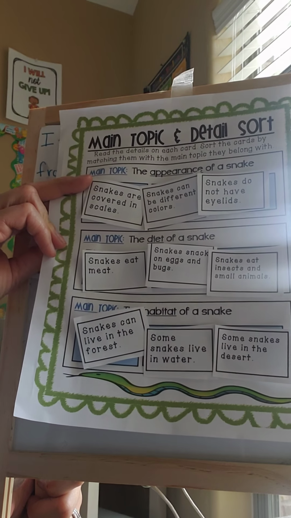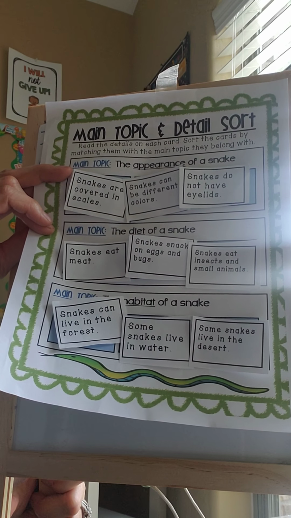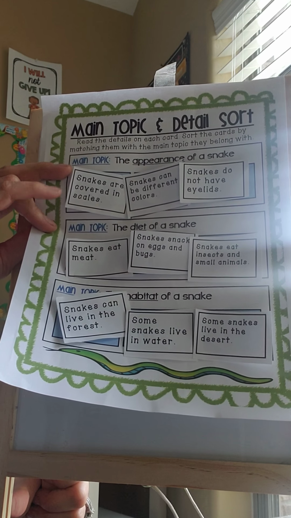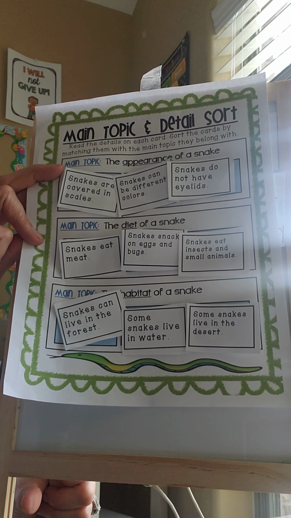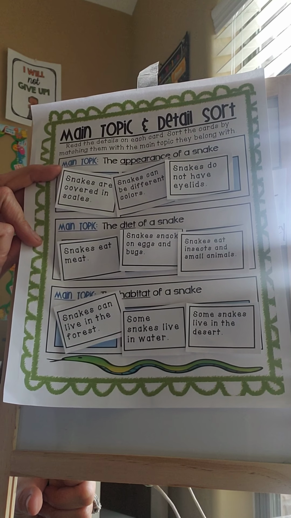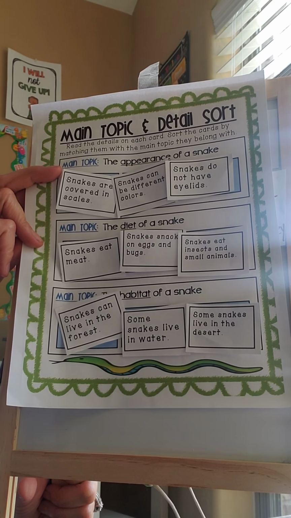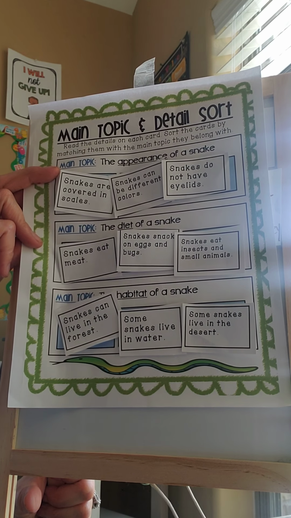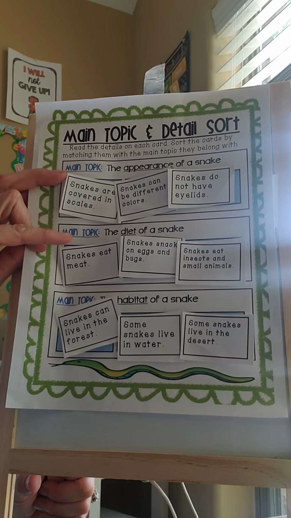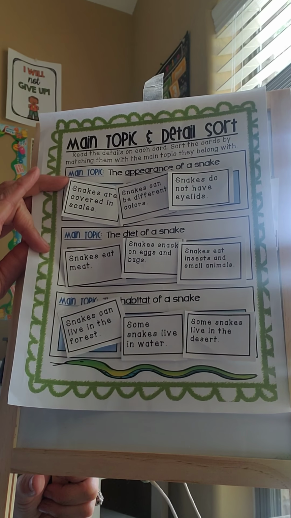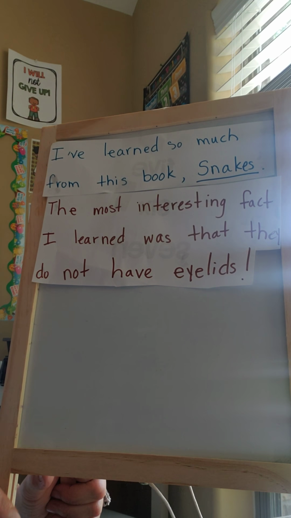And I pulled that one from the first section, from appearance, because I want to make sure that I'm pulling at least one detail from each one of my 3 sections so that I have a very interesting paper talking about the whole snake overall, not just one of those subcategories. I don't want to spend the entire paper talking about the appearance or the diet or the habitat. I want to get in one from each section. And so that's what I've done here.